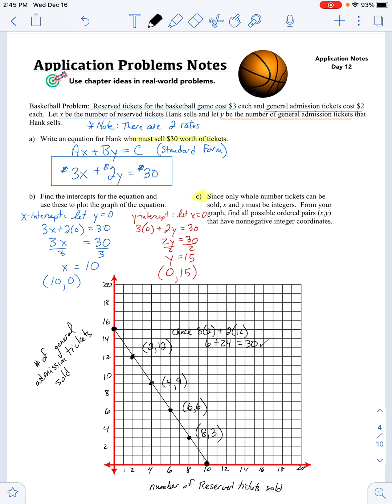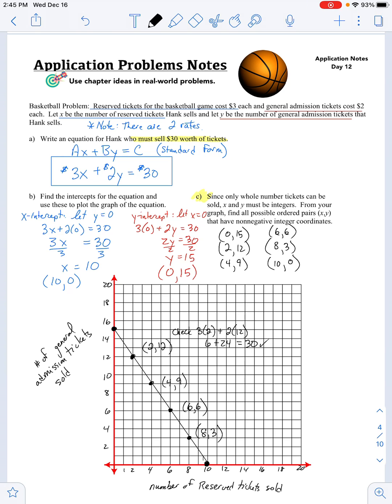So it says, what are the combinations that work? We said the combinations were 0, 15, 2 comma 12, 4 comma 9, 6 comma 6, 8 comma 3, and 10 comma 0.